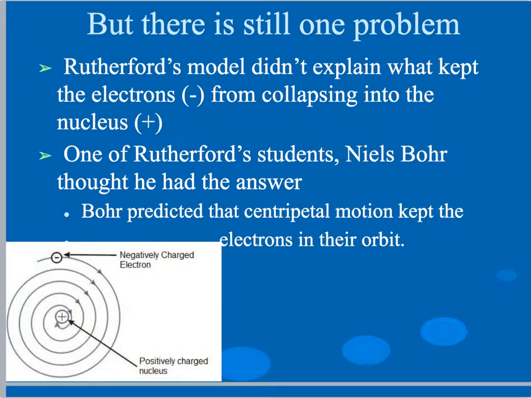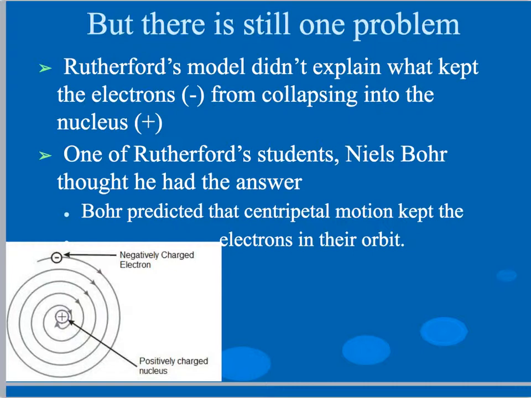So one of Rutherford's students was Niels Bohr, and he's a gentleman that we'll talk about several times over the next week or so. He thought he could answer the question. What he said was that just like centripetal motion, the speed of going in the circle, counteracted by the pull of the nucleus, just like planets orbit the sun and they stay in their orbits because they're going fast enough to counteract the gravitational pull of the sun.